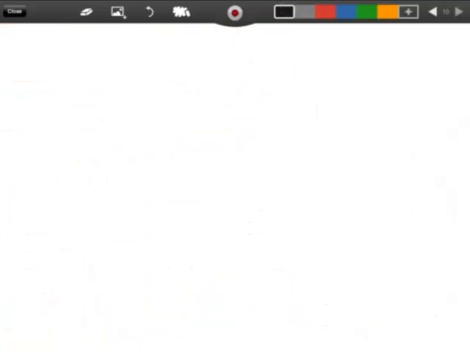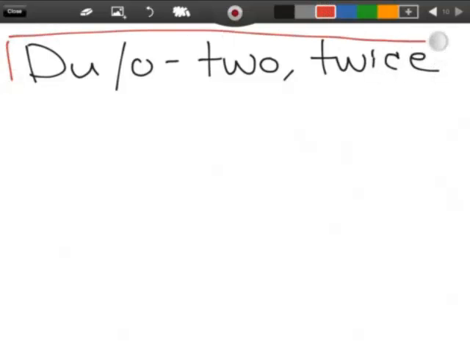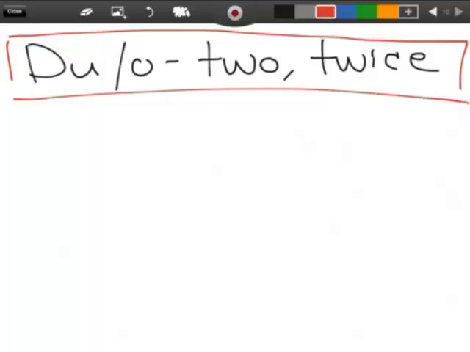Moving on to our last root, which is duo, meaning two or twice. I'm going to put this in a box as well, since it is commonly used. Duo, meaning twice.